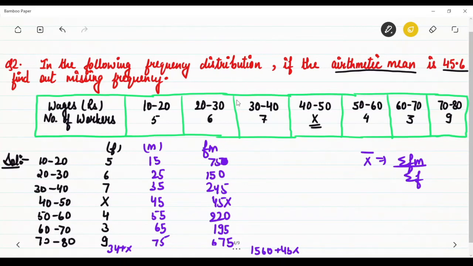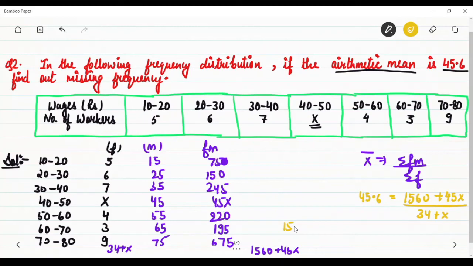So when we cross multiply this equation, the value that we get here is 50.4 plus 45.6x equals 1560 plus 45x, right? I think the calculation is correct.